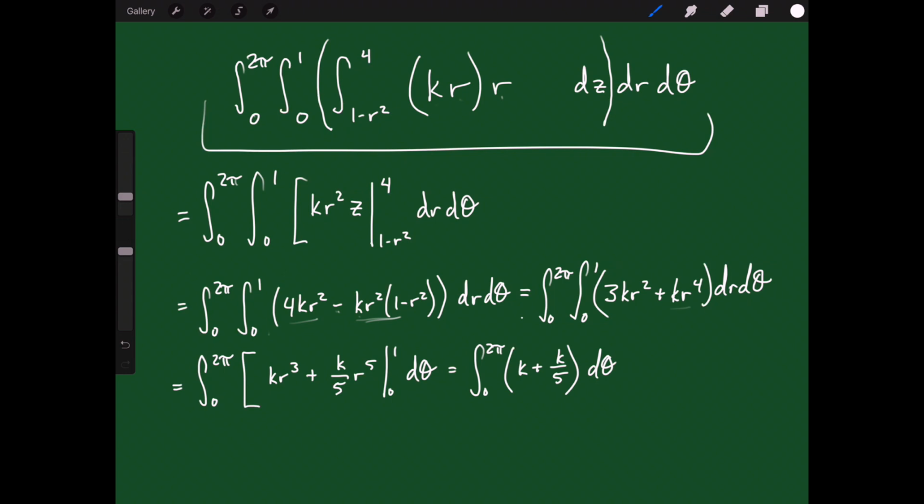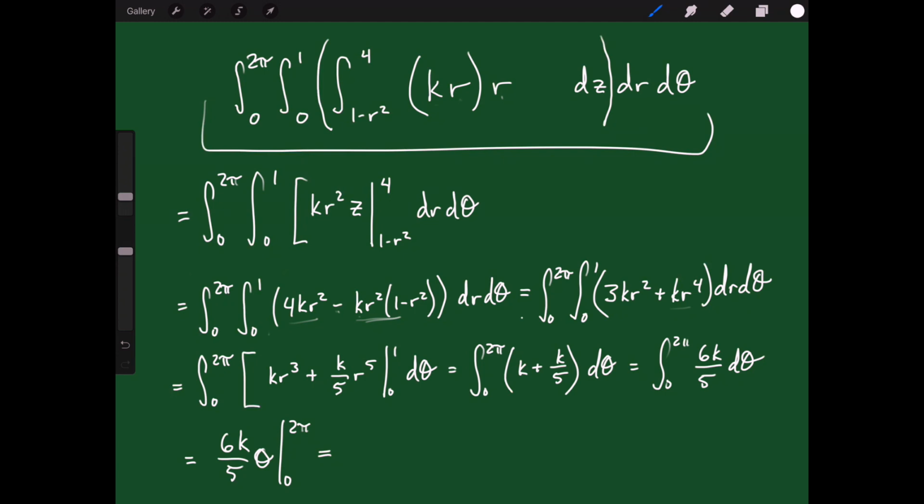And now I'm ready to take the antiderivative of that with respect to theta. Well, this is just integral from 0 to 2 pi of, this is 5k over 5, which is the same as k, so this is just 6k over 5 d theta. Otherwise, if I take the antiderivative, I get 6k over 5 times theta evaluated from 0 to 2 pi.